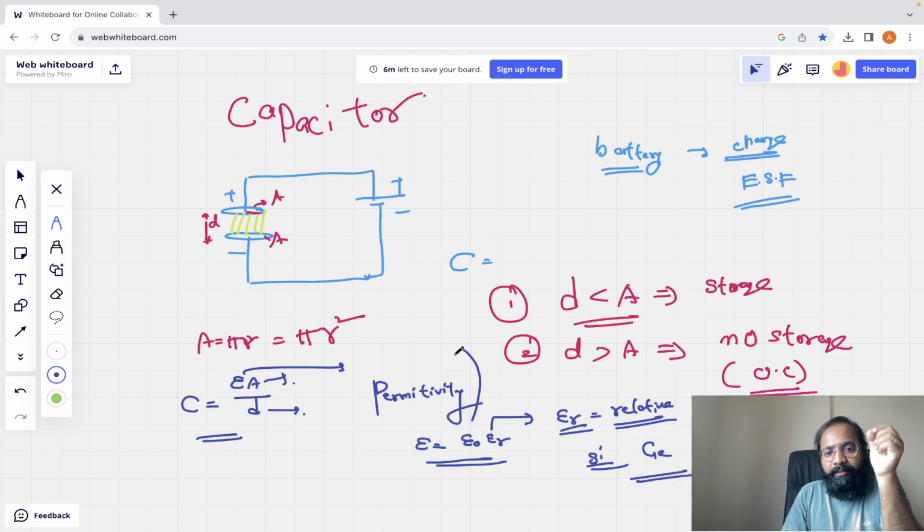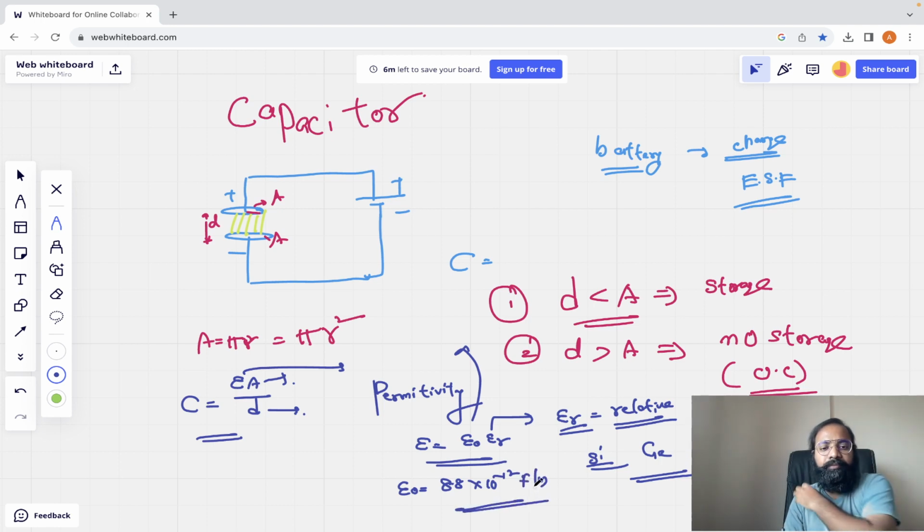But epsilon naught is nothing but the permittivity of free space, and it is a constant. It is almost 8.8 into 10 to the power of minus 12 Farad per meter. So that is what we are going to take.